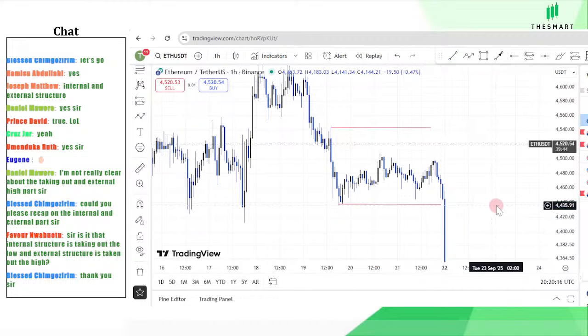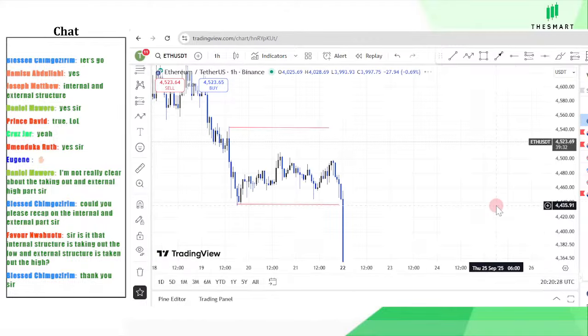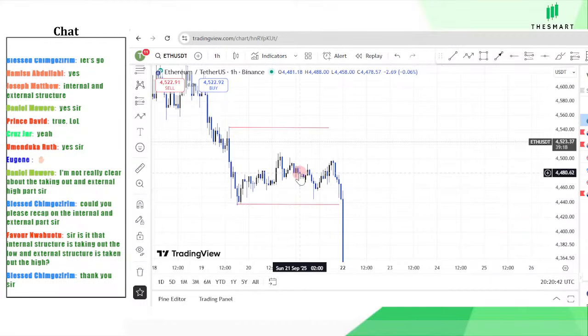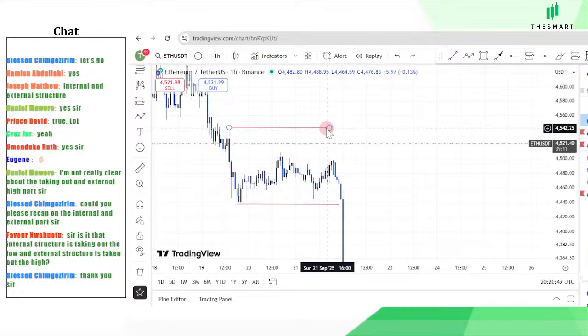See, what I'm teaching you now is the basics to whatever you'll be doing in future, whether on this trading class or your personal chart analysis. It is very, very important because that's what will help you understand if the market is bullish or bearish. If you don't understand the structure, you will not even be able to tell when the market has turned bearish or bullish.